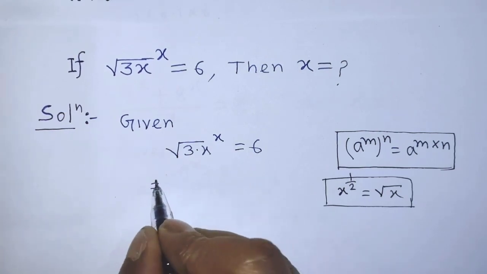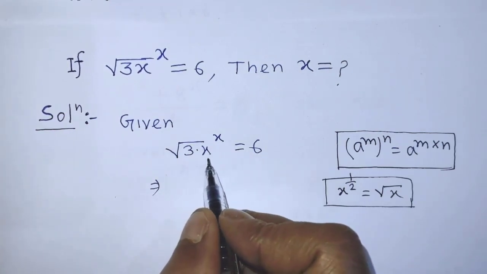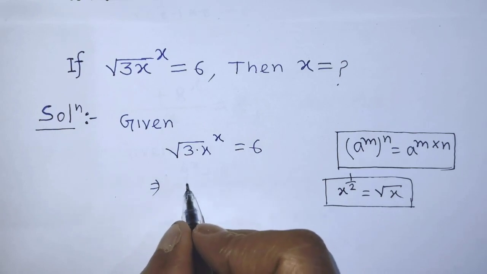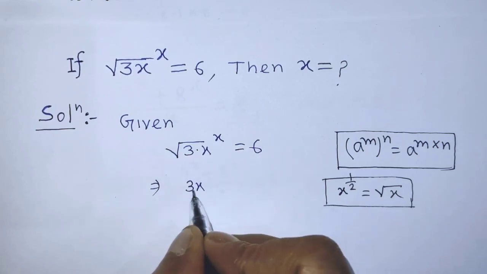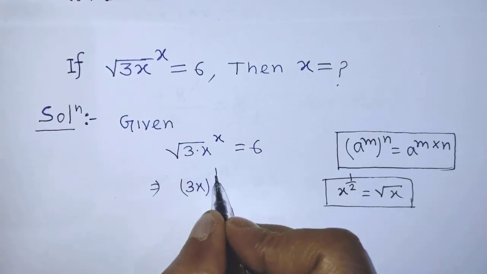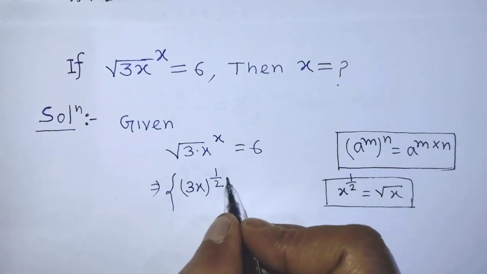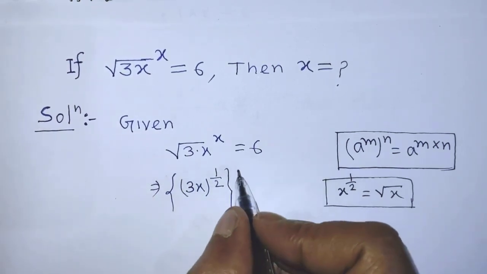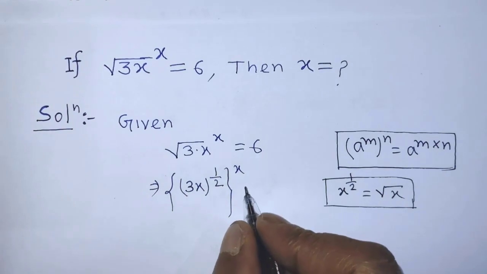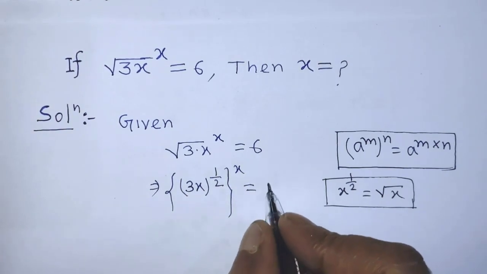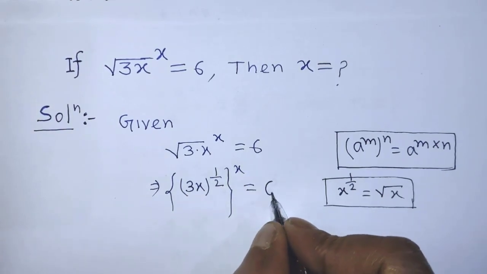Similarly, in place of square root of 3x, we can write (3x) to the power 1 over 2. And after that, again you have to take the same power x, is equal to, on the right hand side, again you have to write 6.